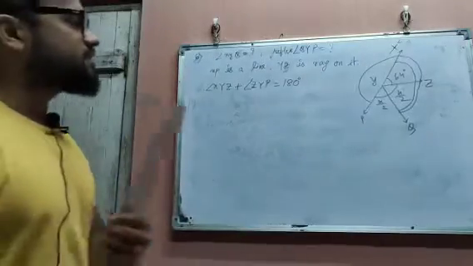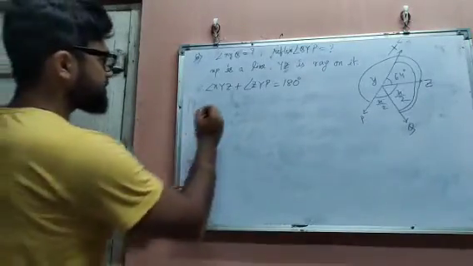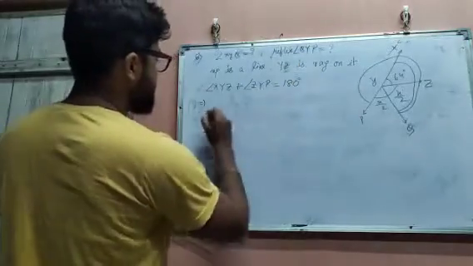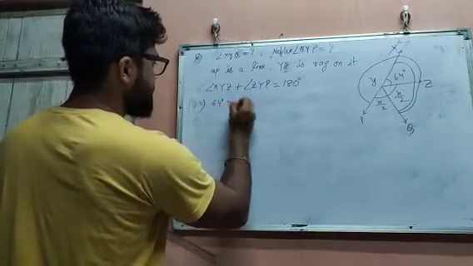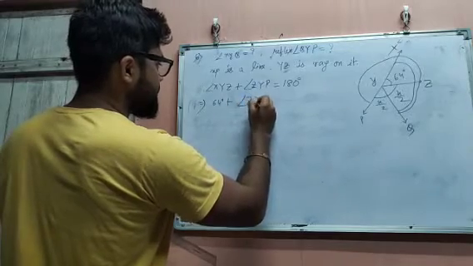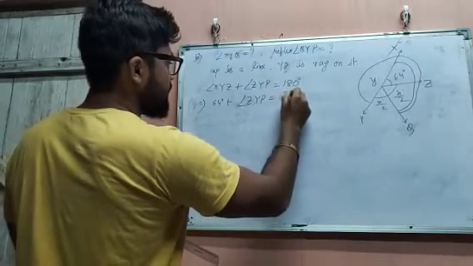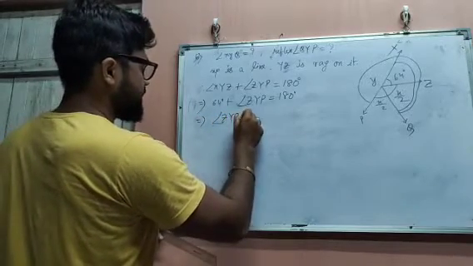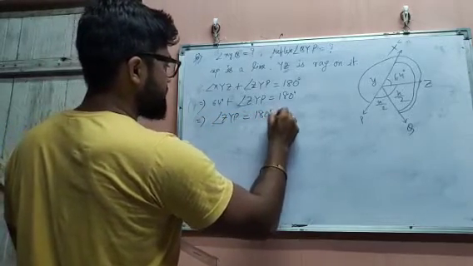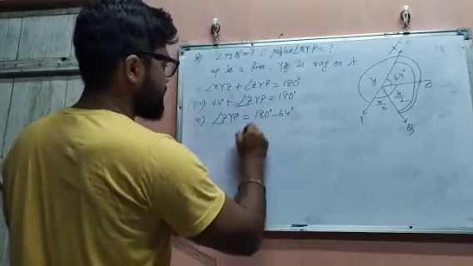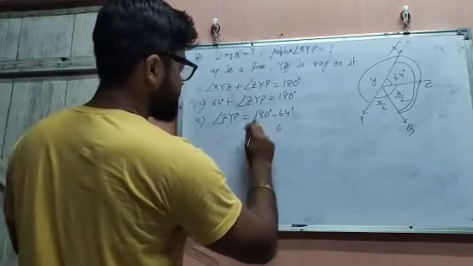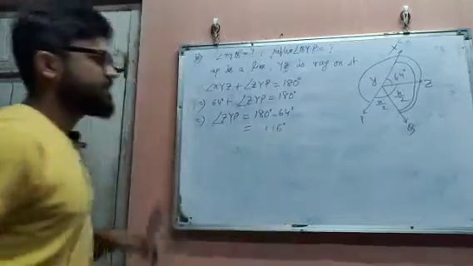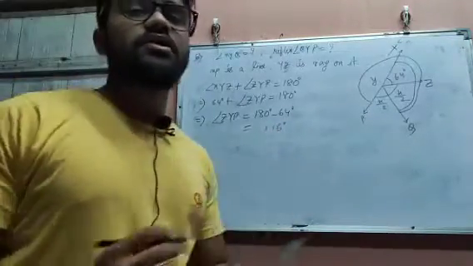XYZ value is given as 64 degree. So 64 degree plus ZYP equal to 180 degree, and ZYP equals 180 degree minus 64 degree. The answer will be 116 degree. So ZYP value we have got is 116 degree.